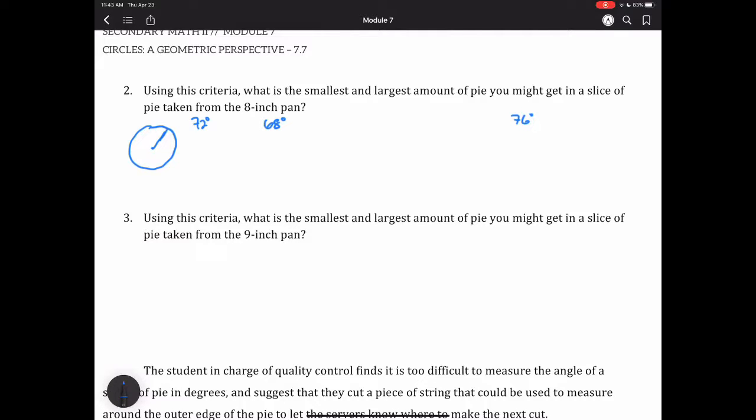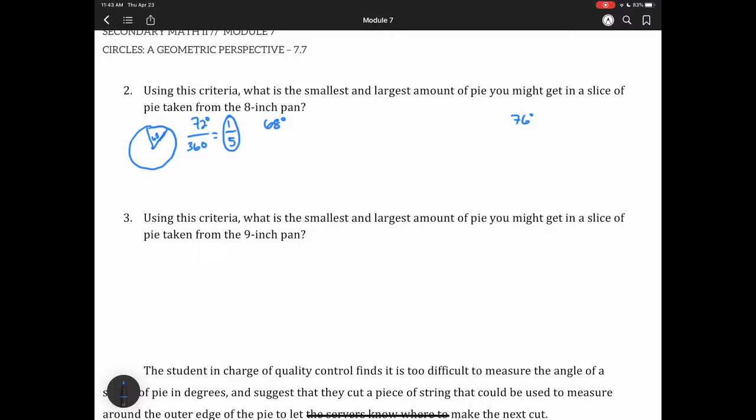But how do we deal with that when we're talking about the areas of sectors, right? Because now I'm talking about a sector with 68 degrees. Well, when we divided the entire pie by 5 pieces, we were really just creating a fraction, okay? 72 divided by 360 gives us 1/5 when we divide that out. So all we were doing was multiplying the whole area by 1/5, or dividing by 5.